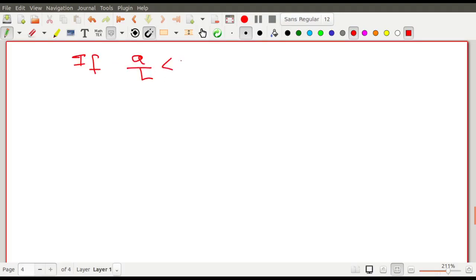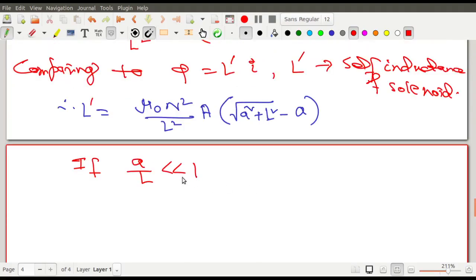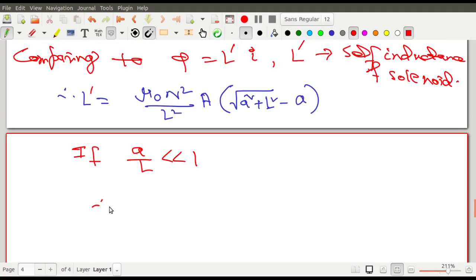if A by l is less than 1, you know that this is the condition of a long solenoid. So under that condition you may write L dash equals mu 0 n square by l square capital A, and here you may take l common.